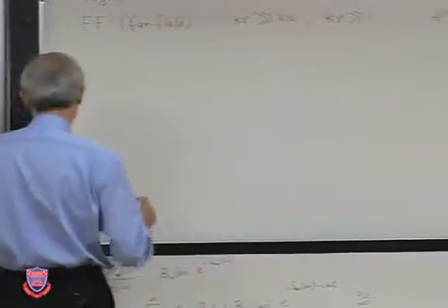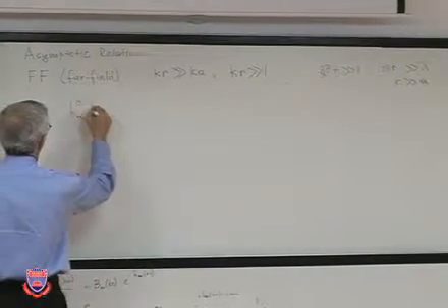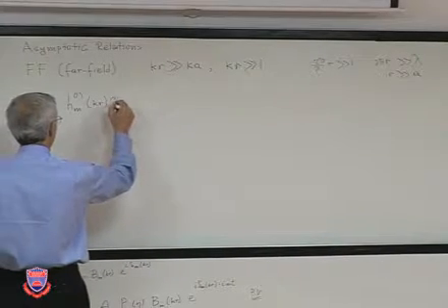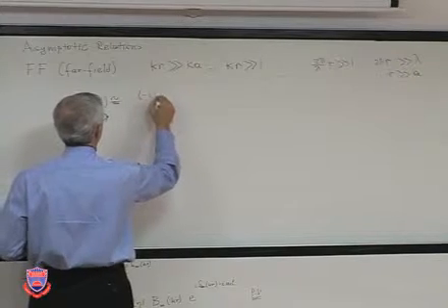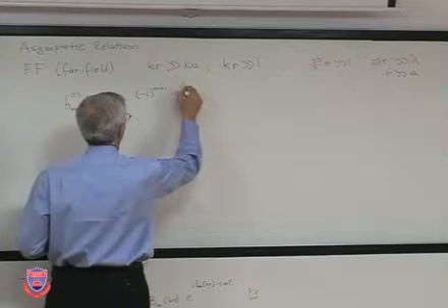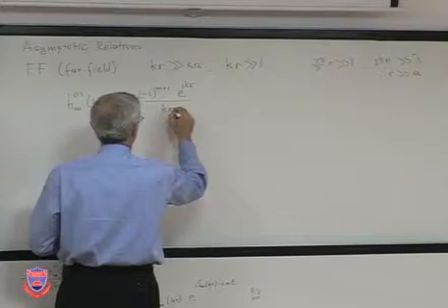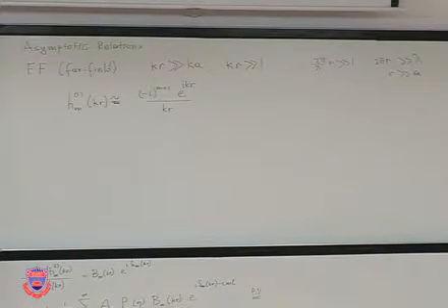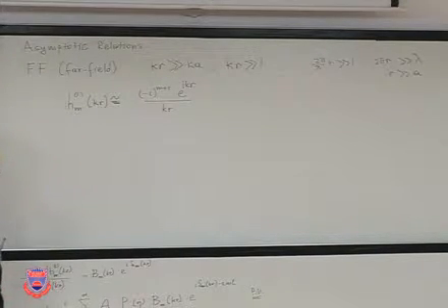You'll see in a moment. The expansion, the approximate value is, okay. You can see it varies. It can be approximated by 1 over kr and an exponential.